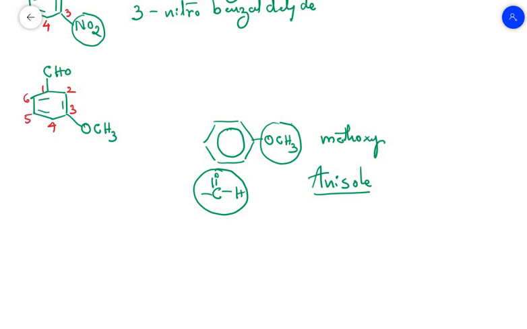We have to do the numbering in such a way that the substituent also gets the lowest possible number. On moving in this direction, the methoxy group has number 3. But on the same side, if we move in the other direction, the methoxy group will have number 6. So it is very important for us to move in a clockwise direction so as to get number 3 for the methoxy group. Therefore the name of this compound is 3-methoxybenzaldehyde.